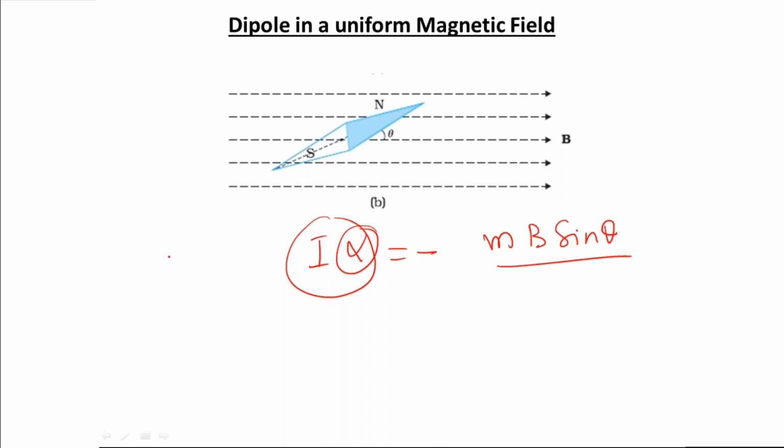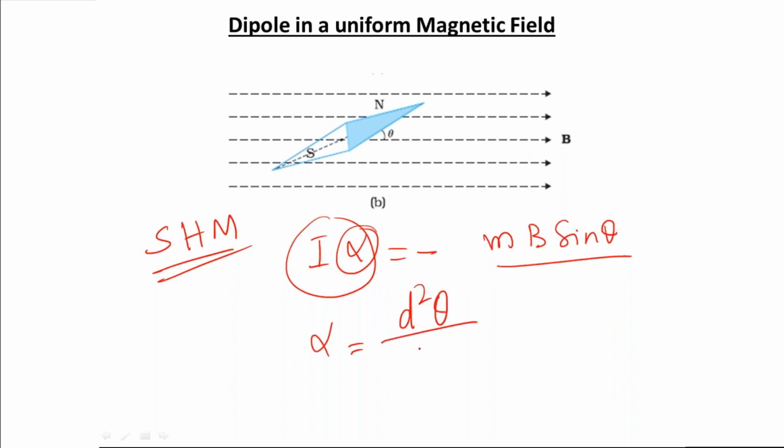And this is the expression for SHM, simple harmonic motion. So this compass needle will oscillate in simple harmonic motion.